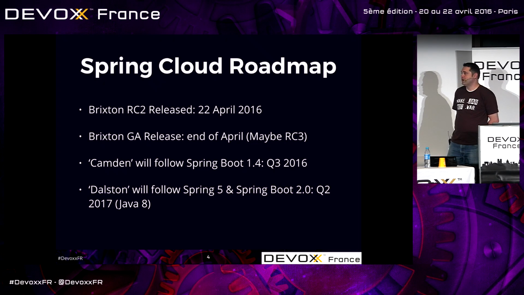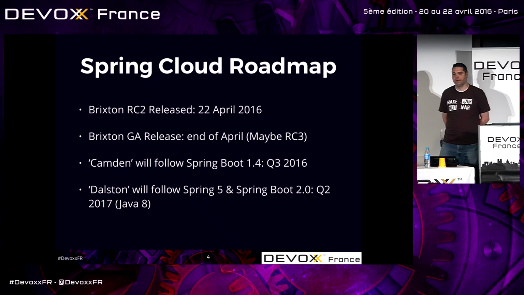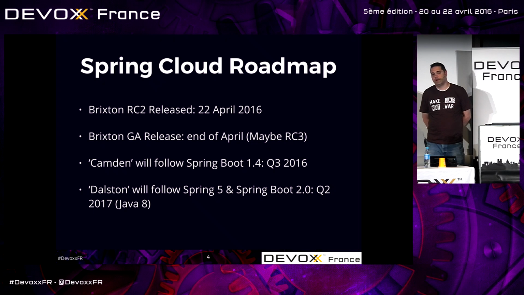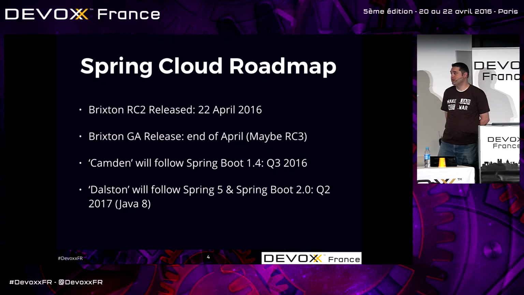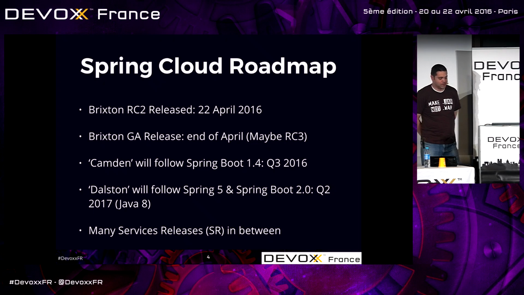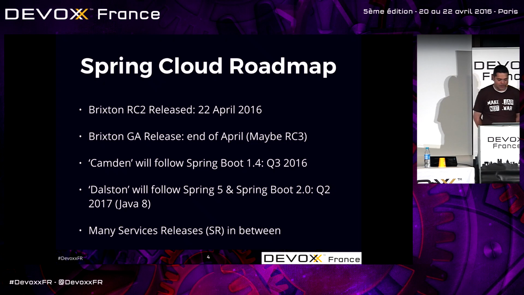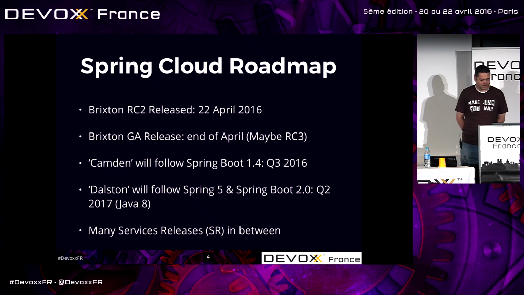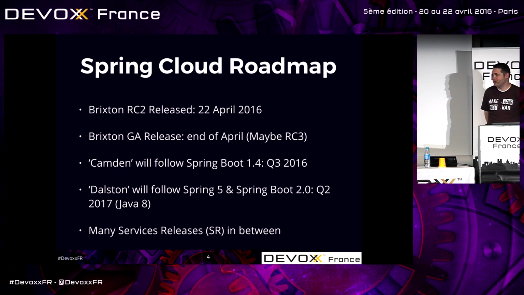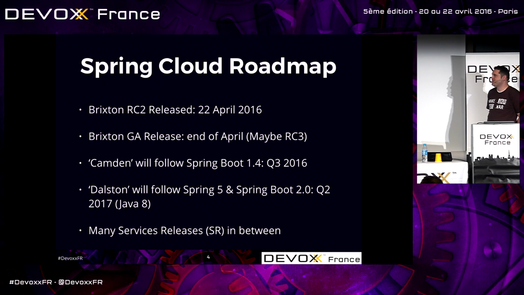And then our next big release will be Dalston, and that will follow with Spring 5 and Spring Boot 2 sometime at the beginning of next year. And there will be various service releases in between. Our current release took a really long time, and we hope to not have that problem again.